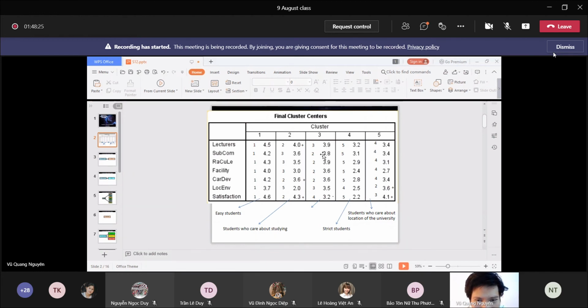Okay, high in lecturers. Lecturers is average, but 3.9, you can see that is a little bit high. So high in lecturers, high in subject complexity because rank number 2. High in rationality, curriculum's length, rank number 2. Facility, rank number 2. Career development, number 2. Means that in all aspects they are high, but their satisfaction is low.